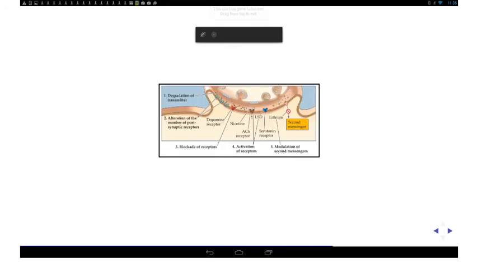So here are a bunch of actions that can happen at the postsynaptic cell. Again, you have the degradation of neurotransmitters, so I guess that's at the synapse itself. We talked about up and down regulation. If you have an enhancement, an excess of neurotransmitter, or an agonist, an exogenous ligand that acts just like the neurotransmitter, in the case of cocaine, you might have a reduction in the number of postsynaptic receptors.